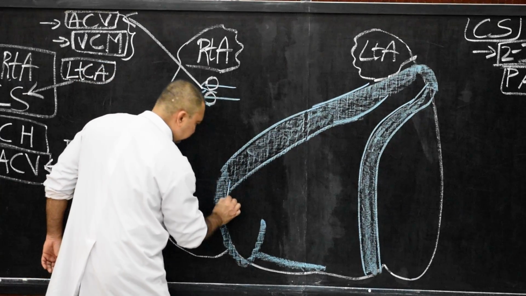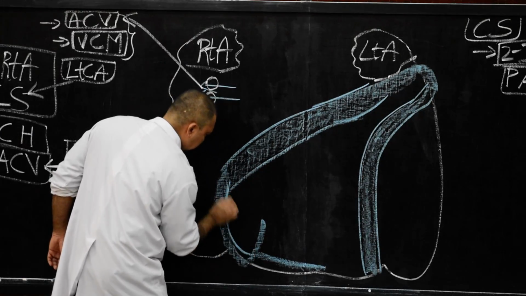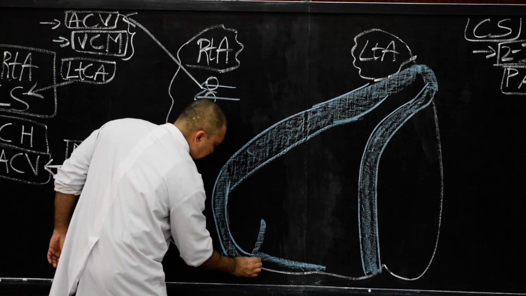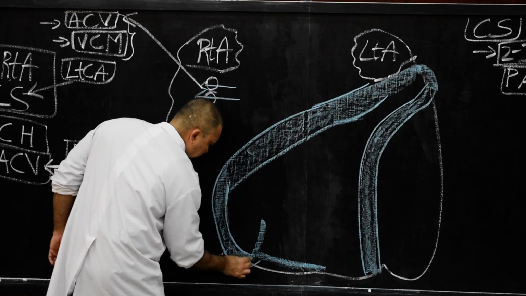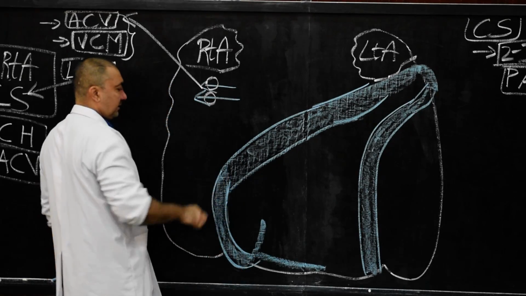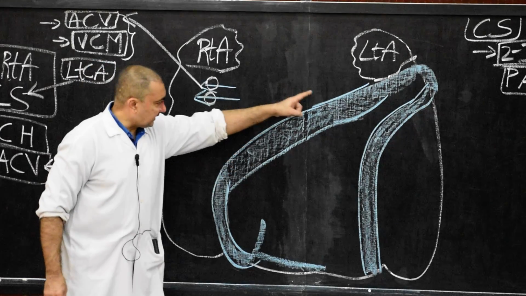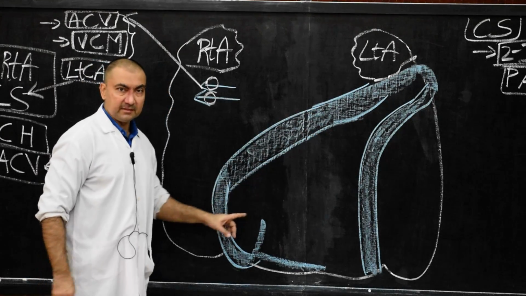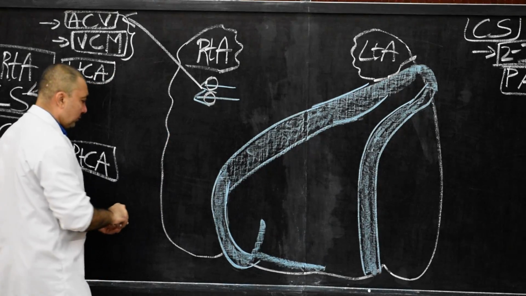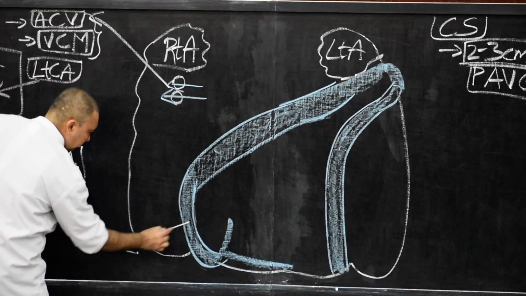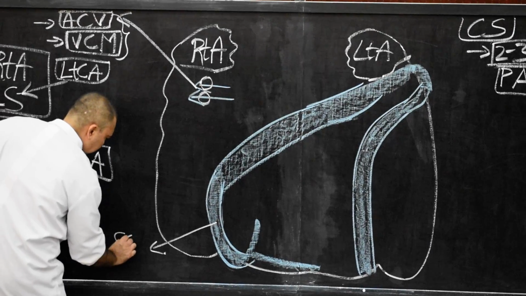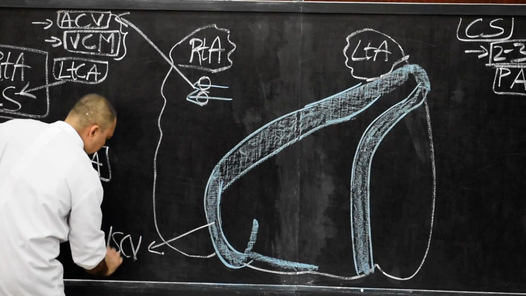So the vein I am drawing is the small cardiac vein, and this small cardiac vein will drain into the right side of the coronary sinus. So this is the extent of the coronary sinus, and here I am going to mark these two veins. Here I mark the small cardiac vein.